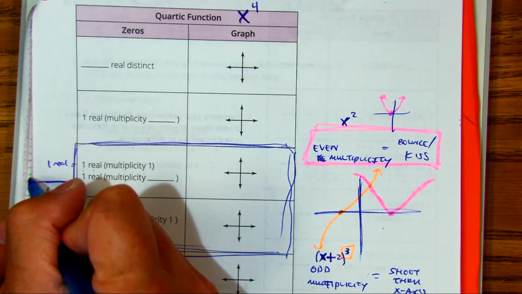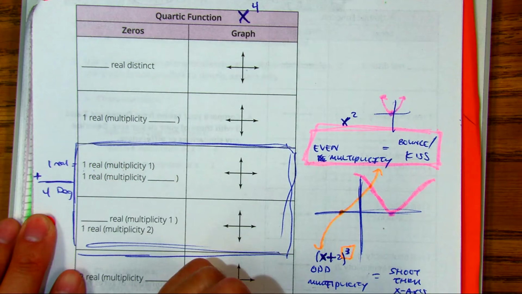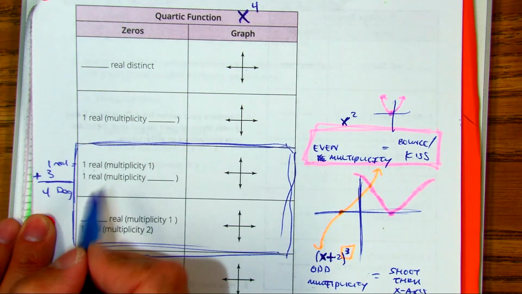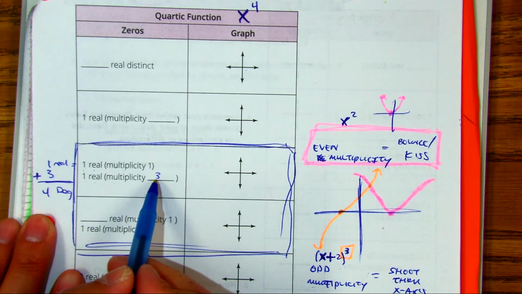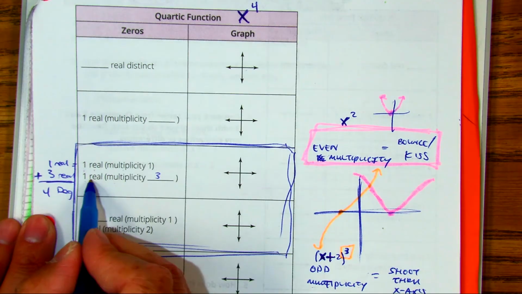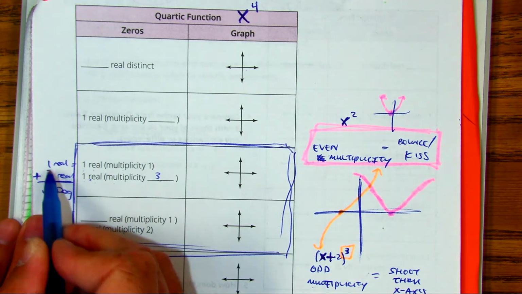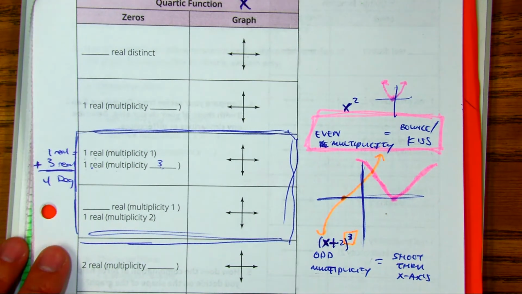Okay, so I need to add 1 plus something equals 4. What's that number? 3. 1 real times a multiplicity of 3. Does that make sense? So this would be 1 real times 3 gives us 3 real. So 1 real plus 3 real equals a 4th degree polynomial.